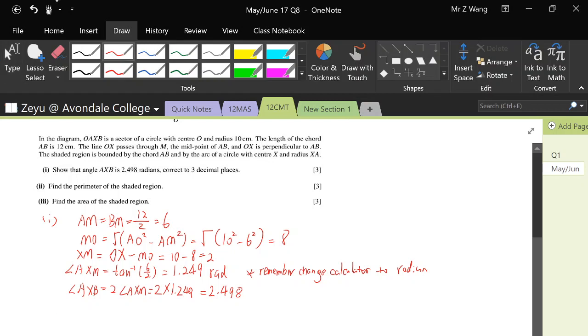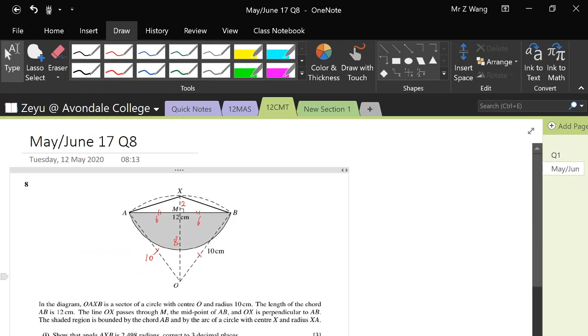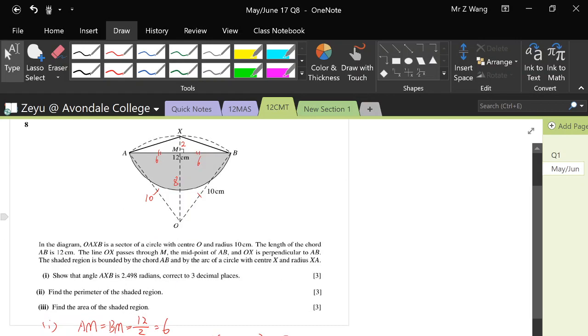So the second question, find the perimeter of the shaded region. This is an easy question, because you already have some part of it. The shaded region is bounded by the chord AB and by the arc of a circle with center X and radius XA.